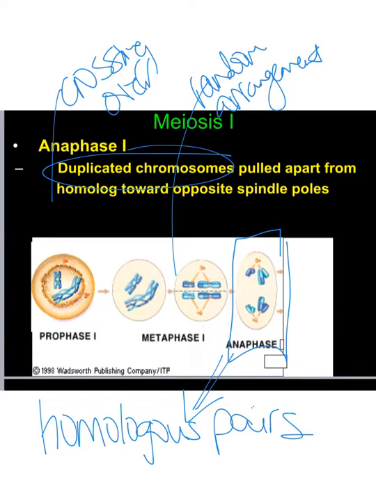So one chromosome from mom would go to one end, one chromosome from dad would go to the other end. One chromosome from dad might go to this end, and one chromosome from mom might go to this end. So it is the homologous pairs, the mom-dad partners, that are separated in anaphase 1 of meiosis 1, and that is very key to remember.